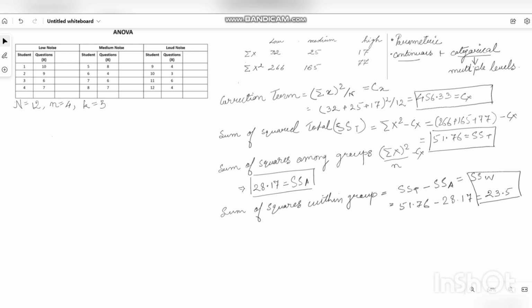Now how do we use these three values? We have a few more calculations. The first being the mean sum of squares among groups.